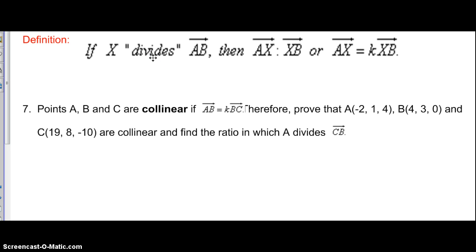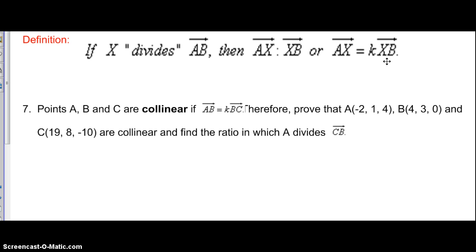If X divides AB, then AX is parallel to XB, or you also know that AX is equal to a K times the vector XB.